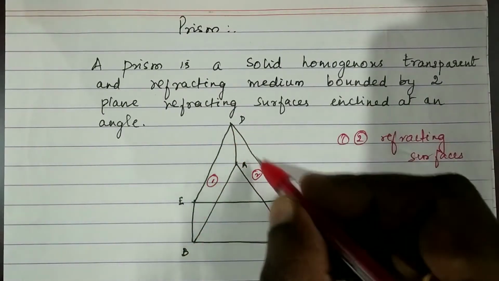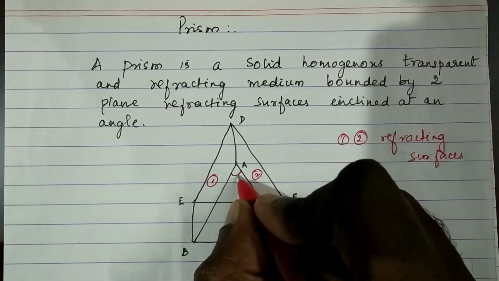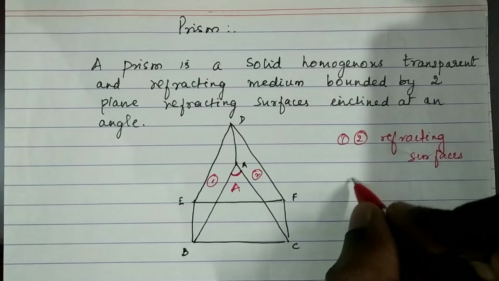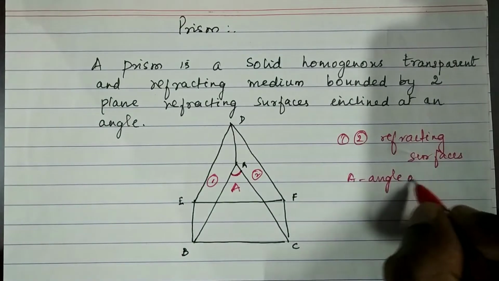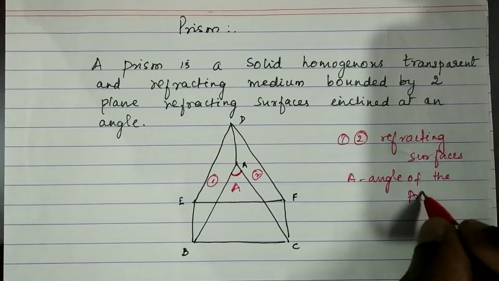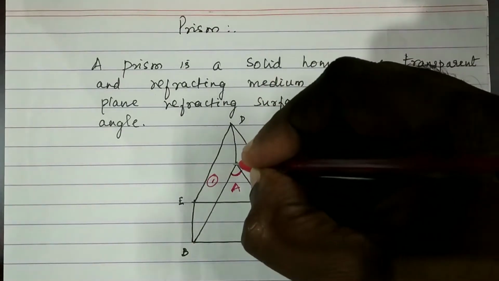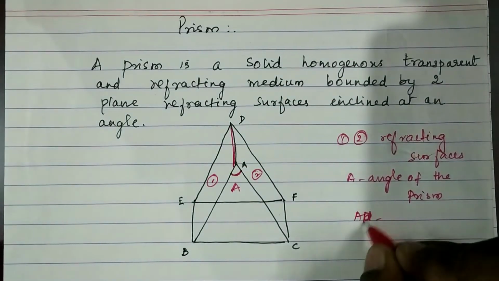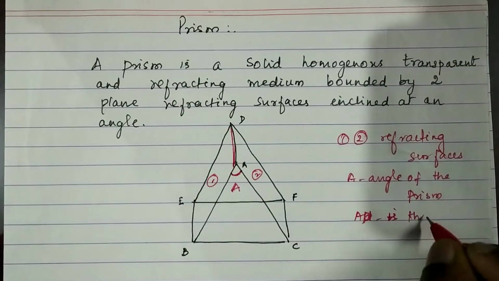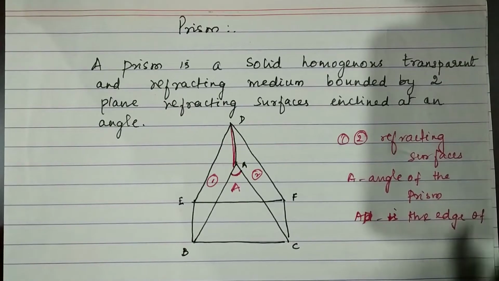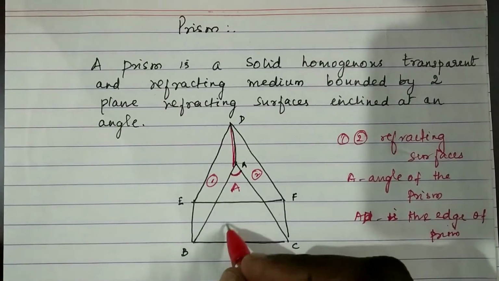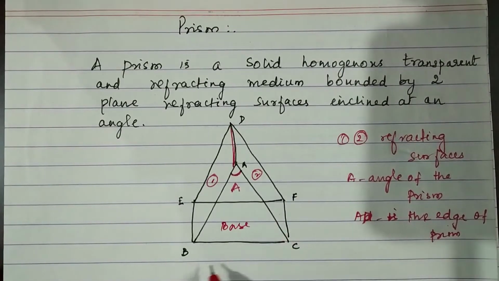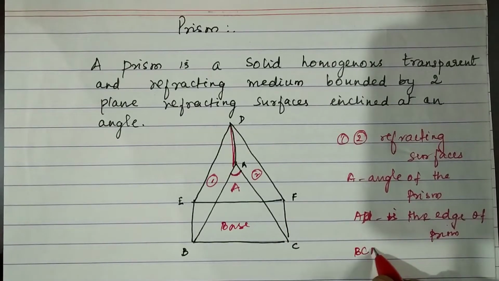These two surfaces are inclined at an angle. See, this is called A. A is the angle of the prism. And see, AD is the edge of the prism. And this is the base. BCFE is the base of the prism. So this is a prism.